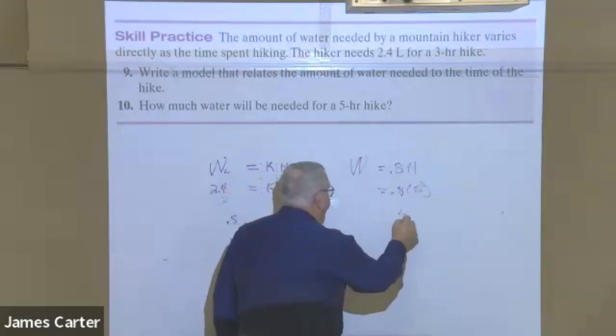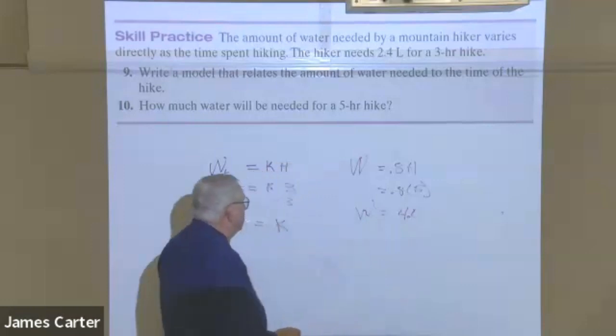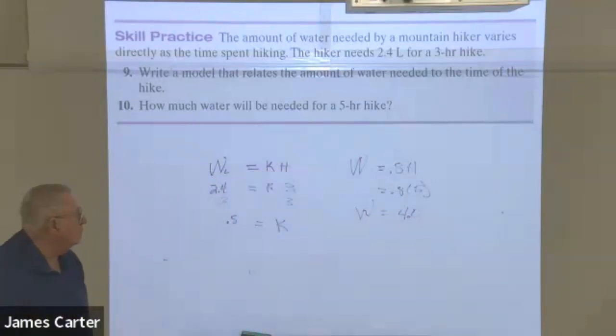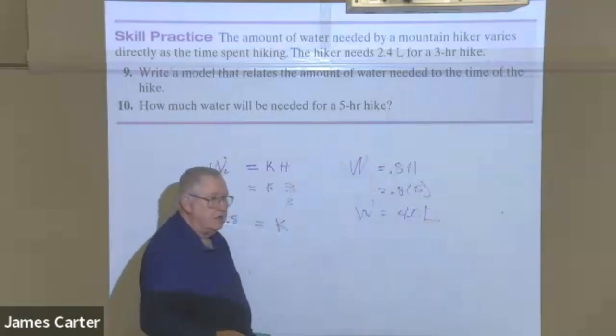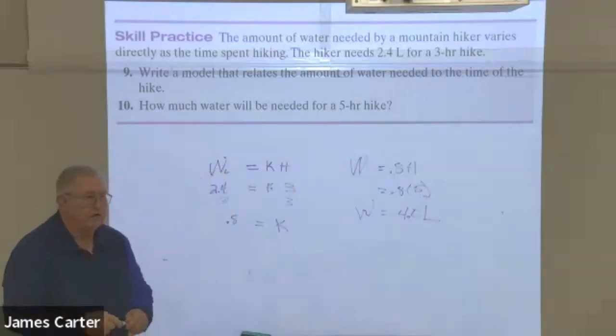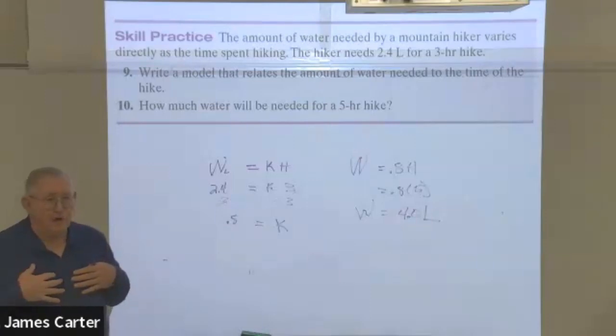Well, 5 times 8 is 40, and put the decimal in the right place. So the amount of water we would need would be 4 liters of water. And don't forget the label on these word problems. It will cost you if you don't. 4 liters. Okay. So we basically had half what we needed.